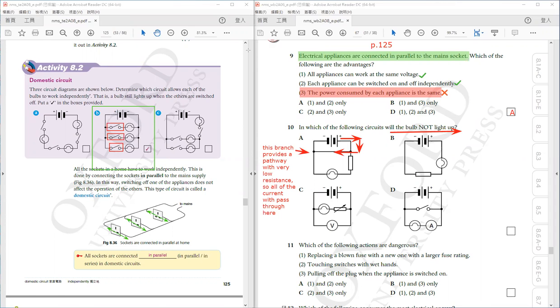Therefore, the current will go through the red line, but no current will pass through the green line. Therefore no current will pass through the light bulb on the green wire. Therefore, the bulb would not light up. So I will choose A here.